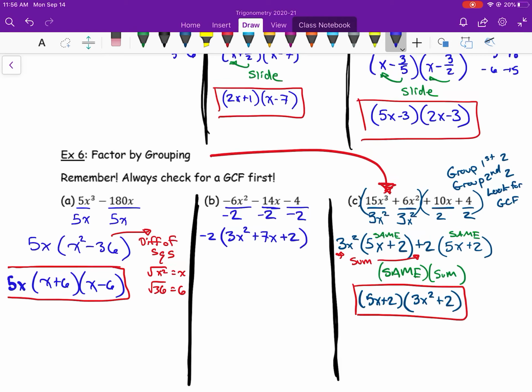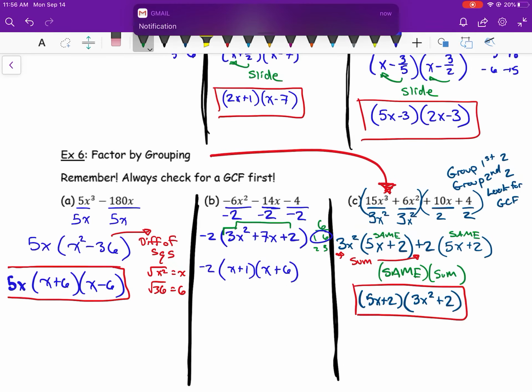Now I'll do my first times my last. It's going to give me 6 on the side. 1 and 6, 2 and 3. Need to make 7. So I'm going to use 1 and 6 to make 7. So x plus 1, x plus 6. A is greater than 1, so we're going to use this.